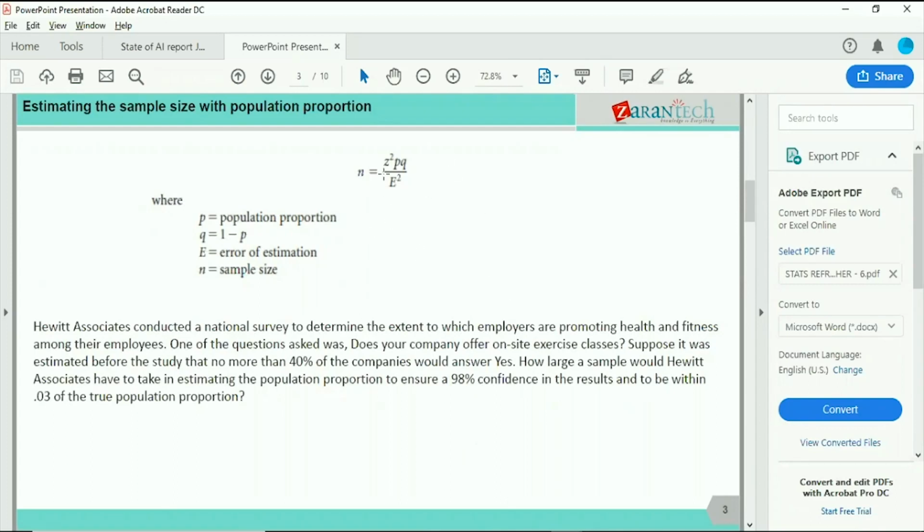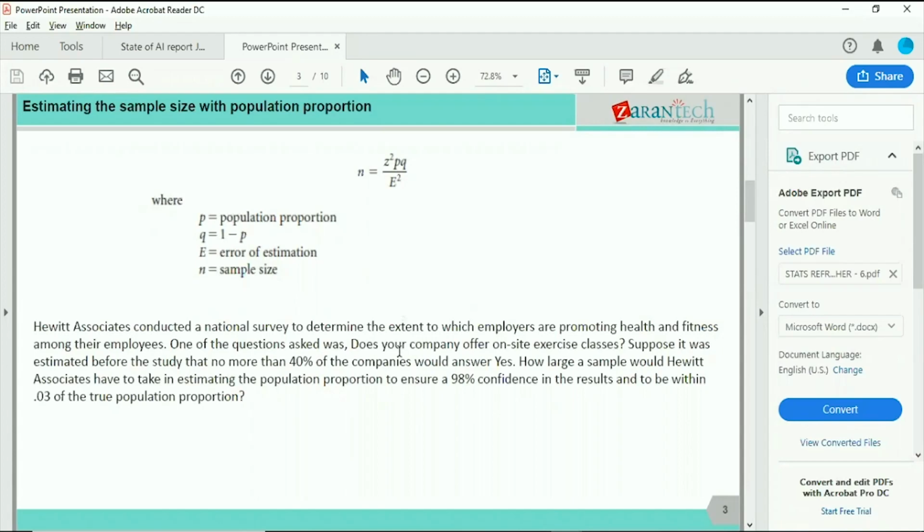Okay, so to remind you, what is the meaning of P in population proportion? Population proportion P means the probability of success of the experiment that you are trying to do. 40% market share, 30% lead, that is the population proportion.